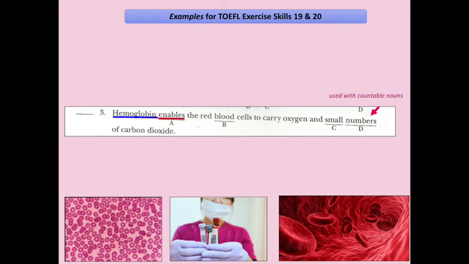Here we see numbers of and the uncountable noun carbon dioxide. But numbers of is only used with countable nouns. So our answer is D. It should be amounts of. This expression is used with uncountable nouns.